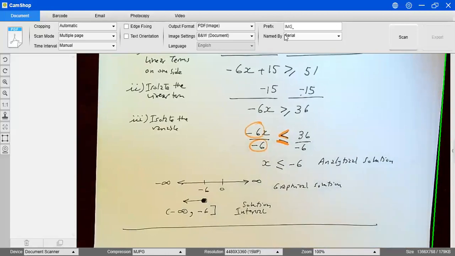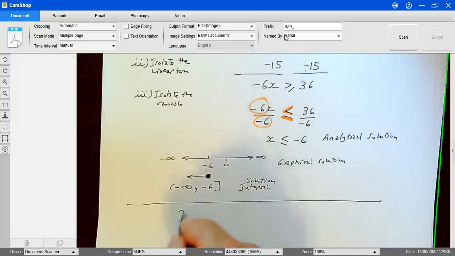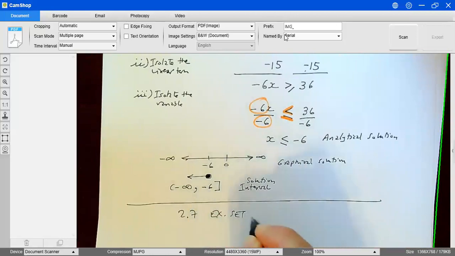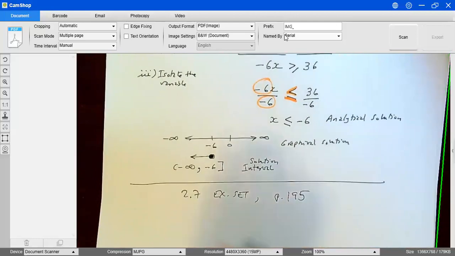So that's it for this chapter. You just work on 2 problems from the exercise set on page 195. You're gonna solve and graph.